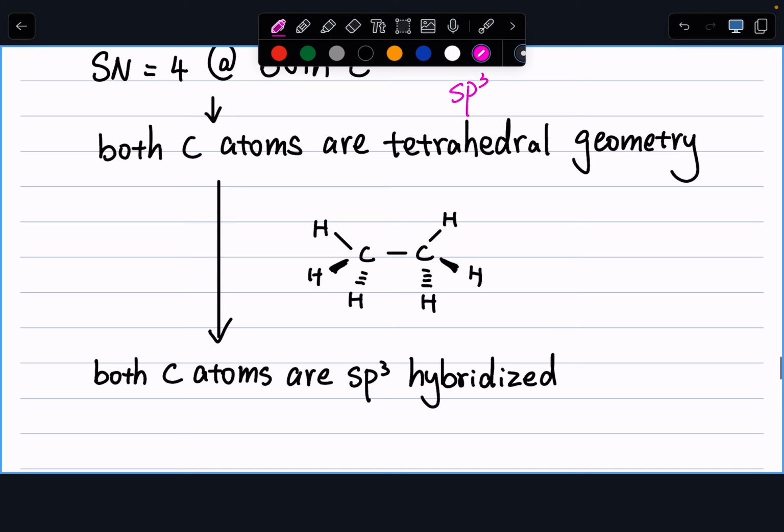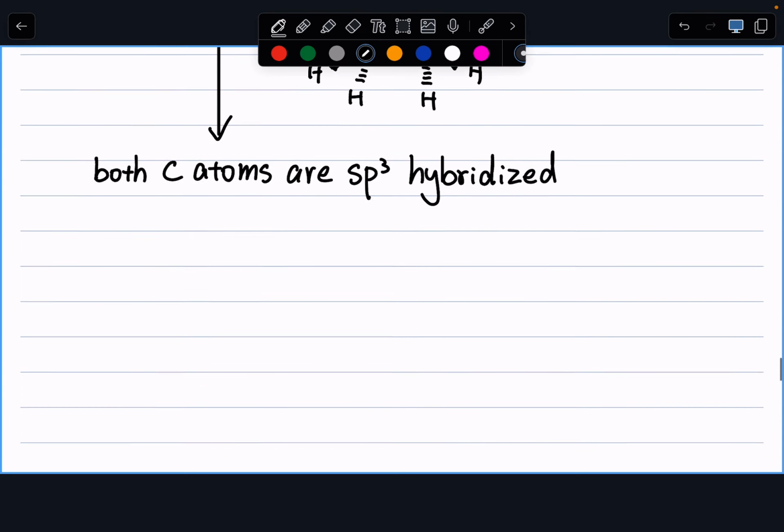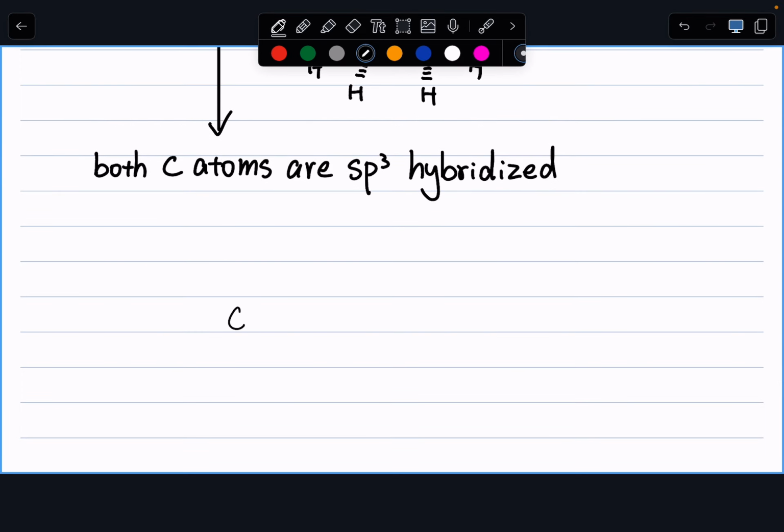When we draw the bonding in ethane, what does it look like? Effectively, we have carbons that are both sp3 hybridized, meaning a tetrahedral shaped molecule with hybridized sp3 orbitals.